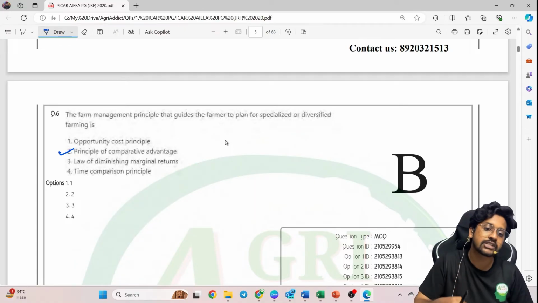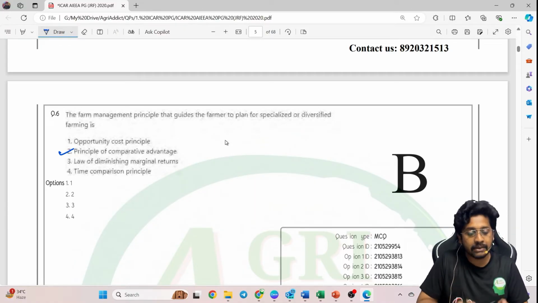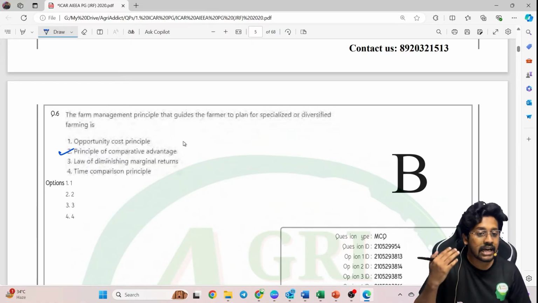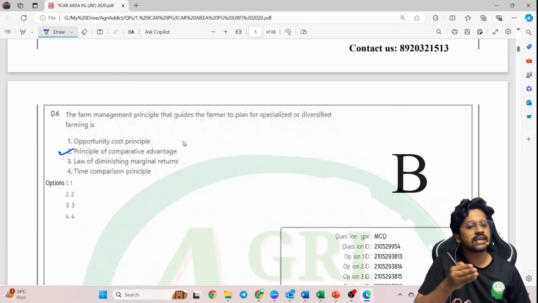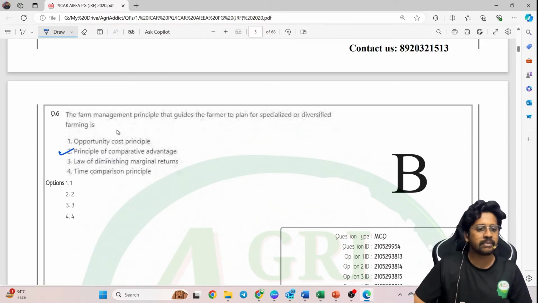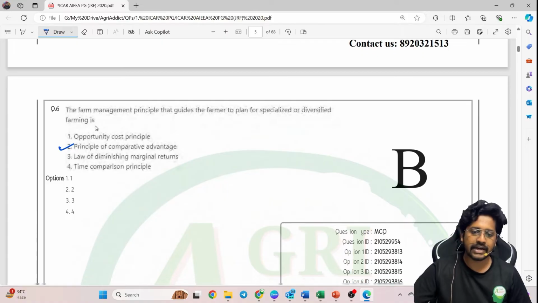So that firm has to go for diversification. At the same time, a firm that has the raw materials for its product in abundance in its region has to go for specialization, right? So whether to go for specialization or diversification is guided by the principle of comparative advantage. Therefore the answer will be option 2, principle of comparative advantage.